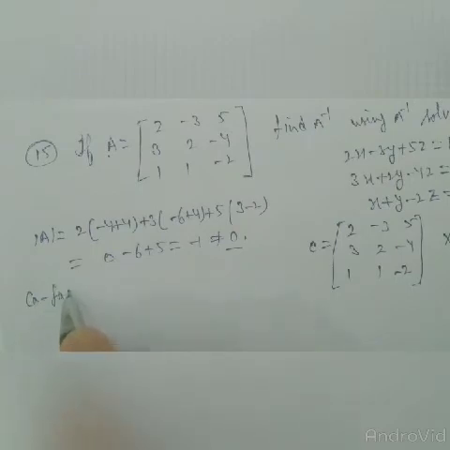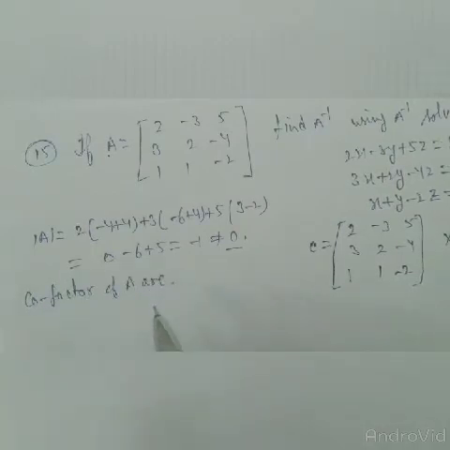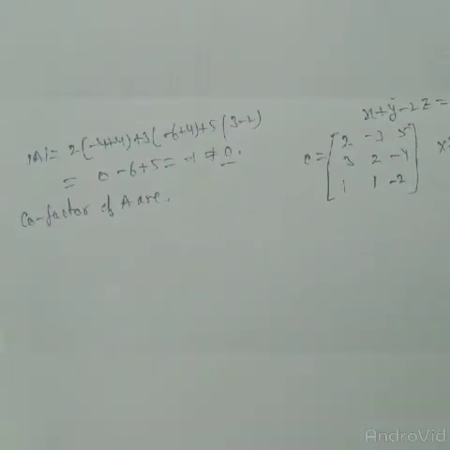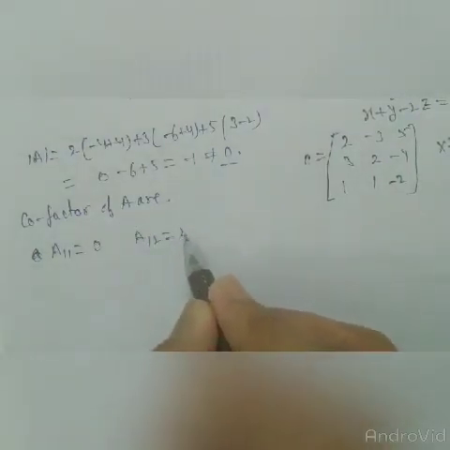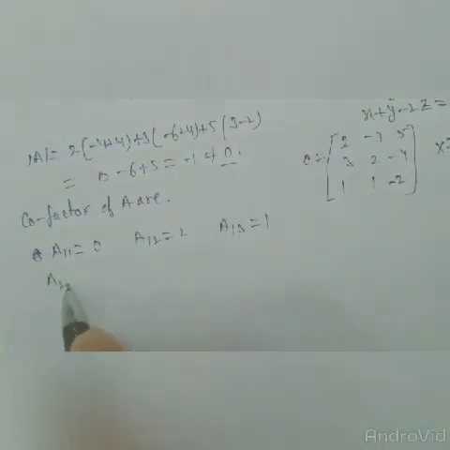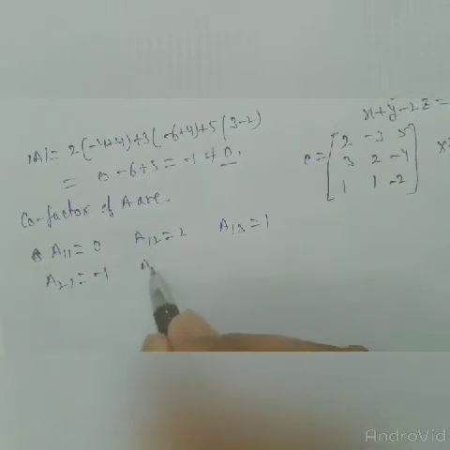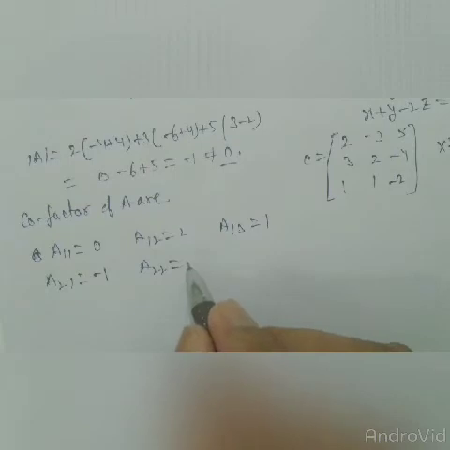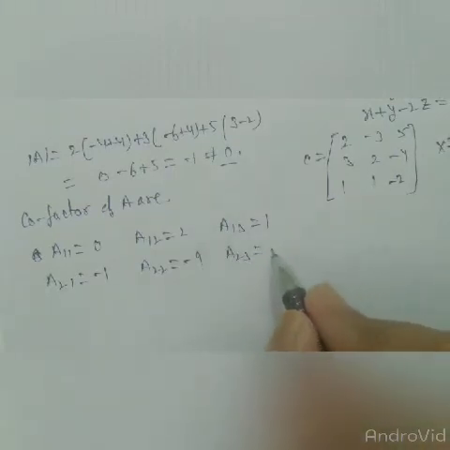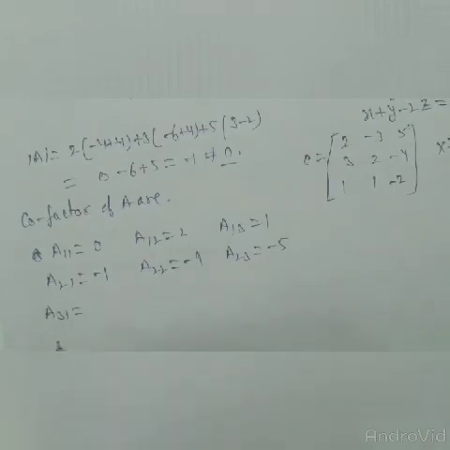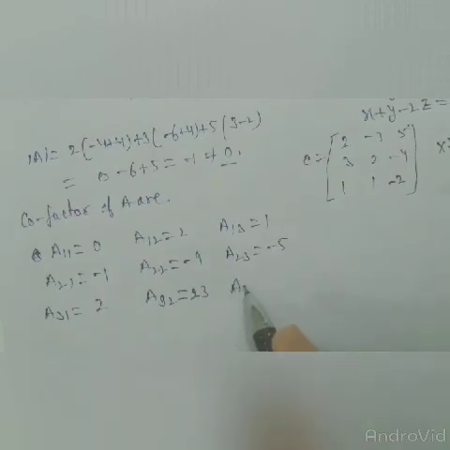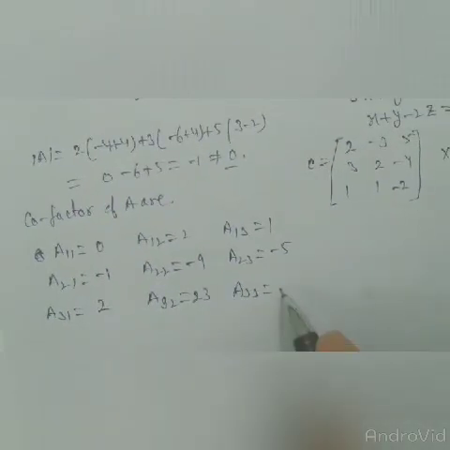Then cofactor of A. A11 is 0, A12 is 2, A13 is 1, A21 is 6 minus 5, minus 1, A22 is minus 4 minus 5, minus 9, A23 is 2 plus 3, 5, means minus 5, A31 is 12 minus 10, 2, A32 is minus 8 minus 15, minus 23, means plus 23, A33 is 4 plus 9, 13.